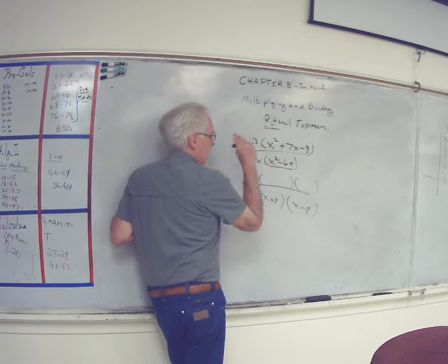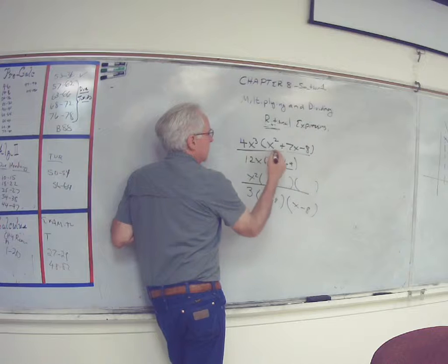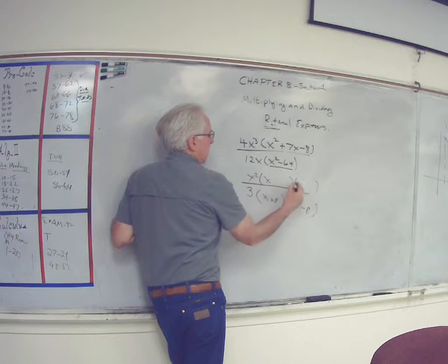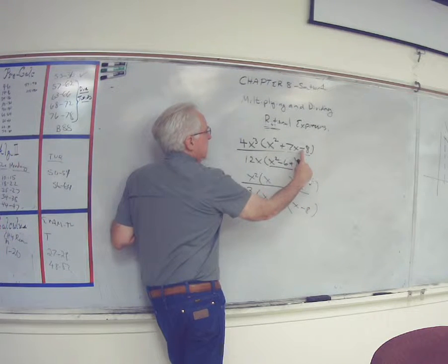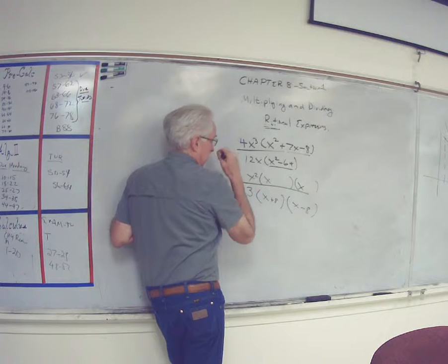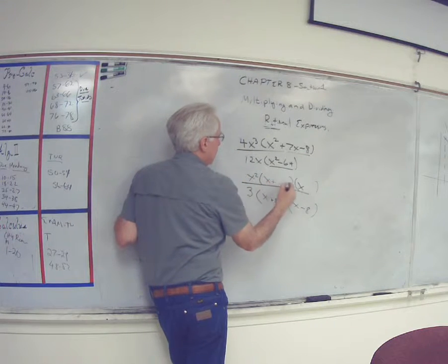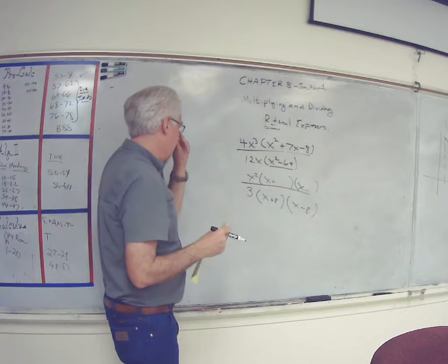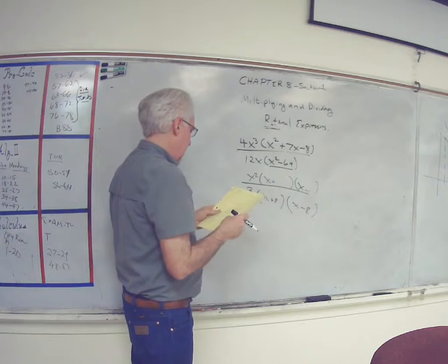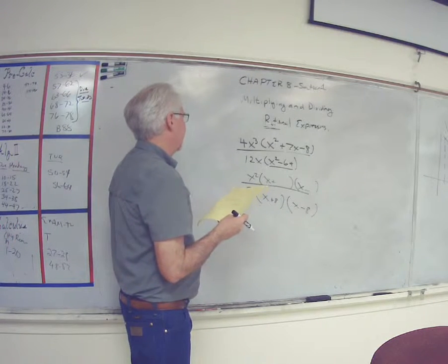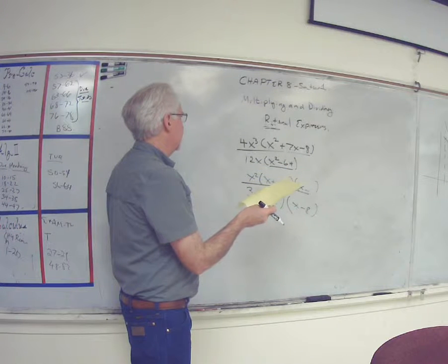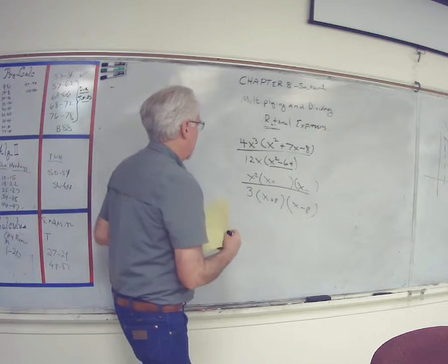How about this one? What would this term and this term be? x and x. Are the signs the same or different? Different, so I'll have a plus and a minus. So how could I get to x squared plus 7x minus 8? Plus 8, minus 1.